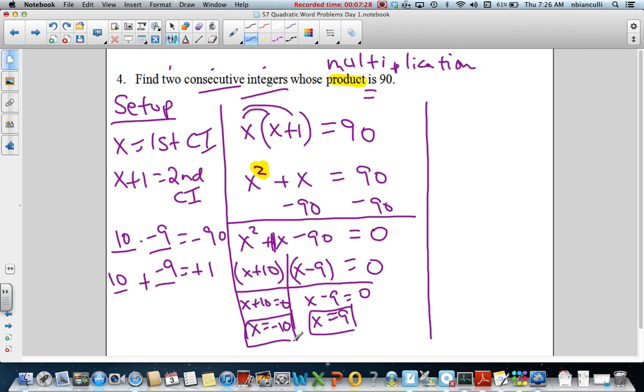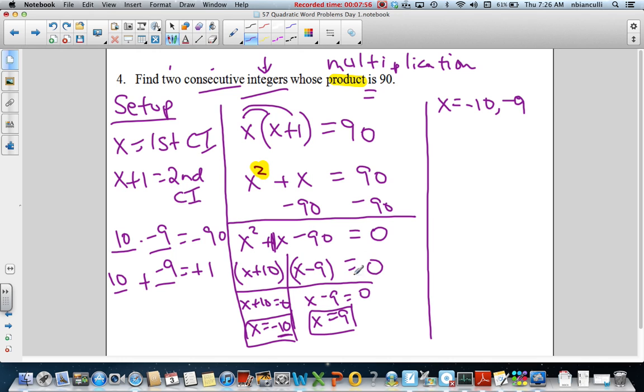Interesting. We get two answers. They're both integers. Integers can be positive or negative. So we're going to actually have two sets of answers. Because if x was negative 10, the other consecutive integer was negative 10 plus 1, which was negative 9.